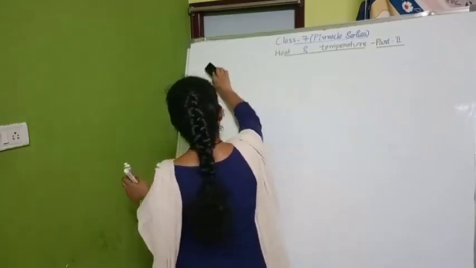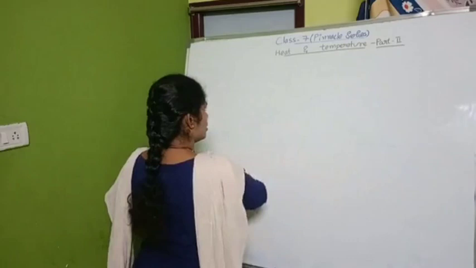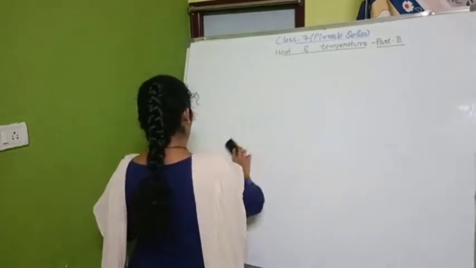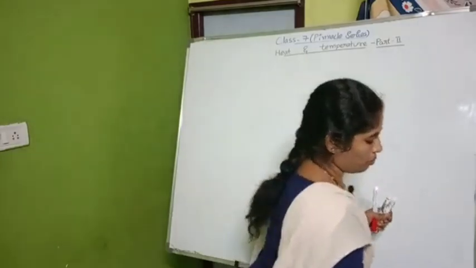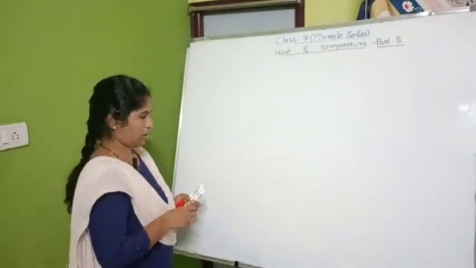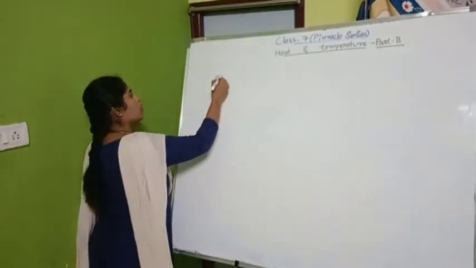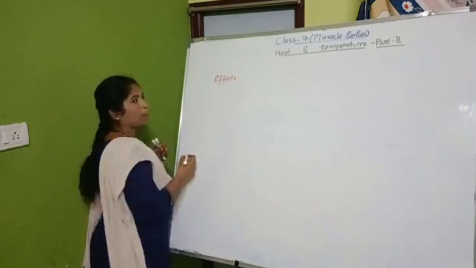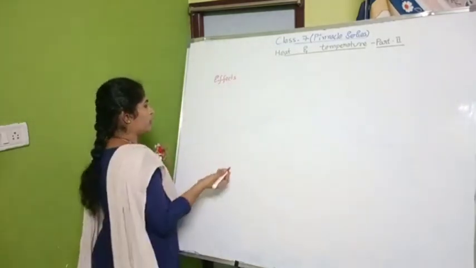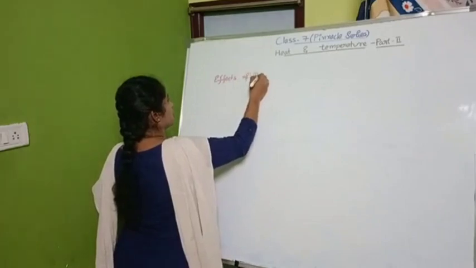Up to now we studied that, yes, the temperature is increased. Will the heat only increase the temperature? Will it not do anything? No. We have a few more effects of the heat. Effects means what happens to a body when I apply heat energy, or when the body absorbs heat energy.